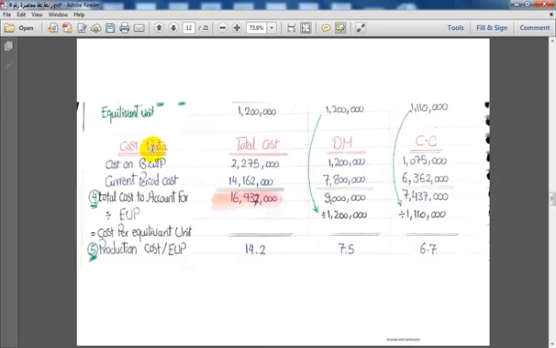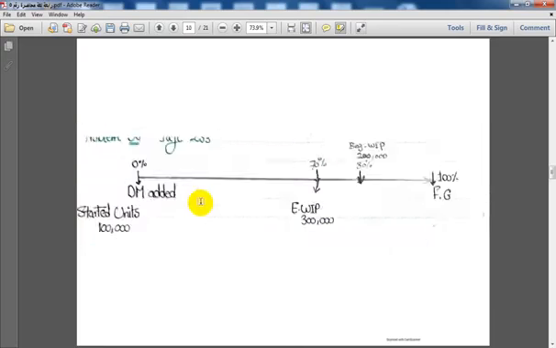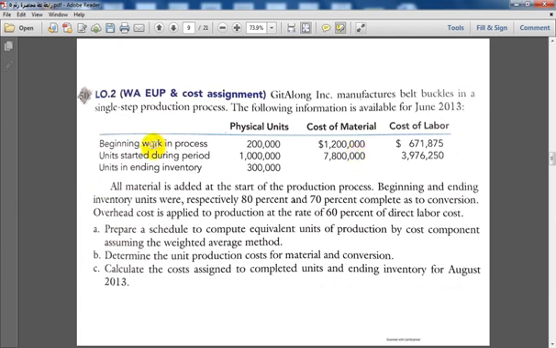The second part, cost data. We have to calculate the total cost to account for, equal cost of beginning work in process plus current period cost. Beginning work in process, cost of material 1,200,000, cost of labor.